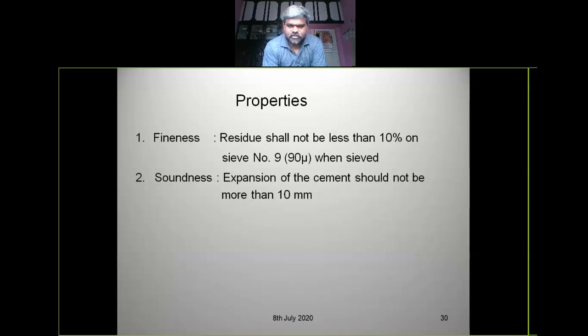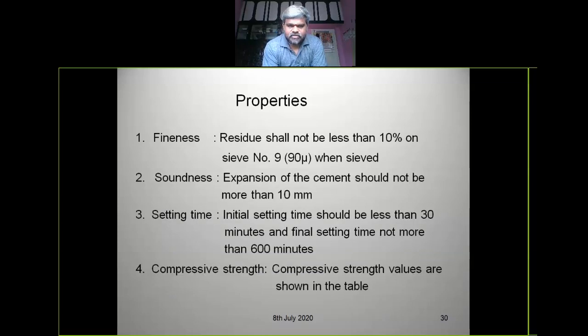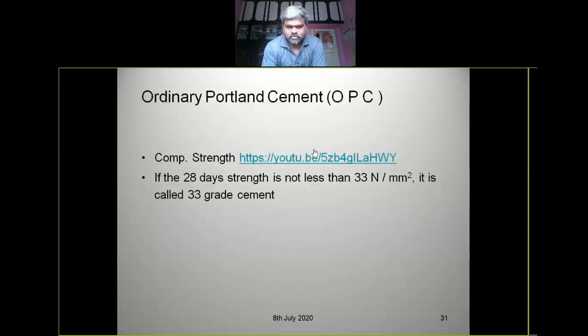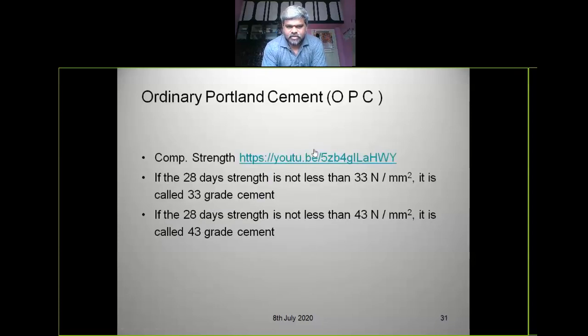Properties: fineness residue should not be more than 10%, and soundness should not be more than 10 mm. Initial setting time is 30 minutes, and final setting time is 600 minutes for ordinary Portland cement, and the compressive strength is as per this table.